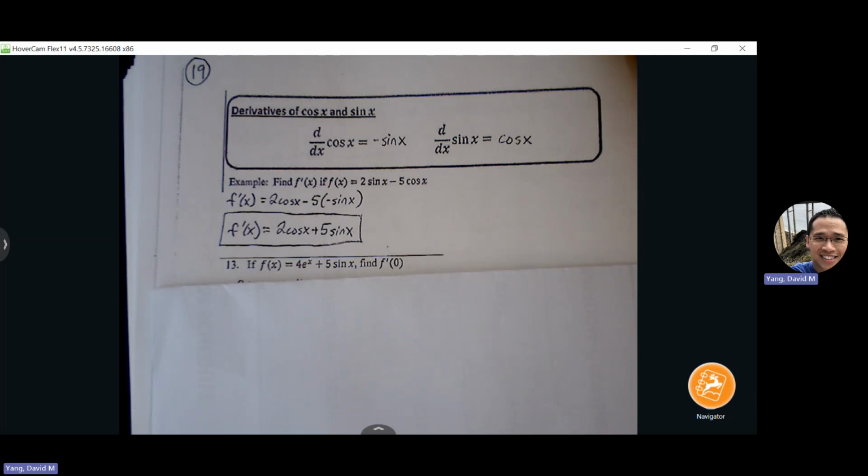Okay, try 13. You guys know the rule for e to the x. You guys know the derivative rule for sine of x.